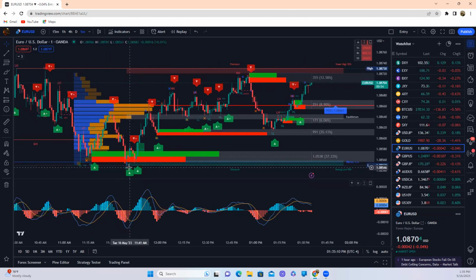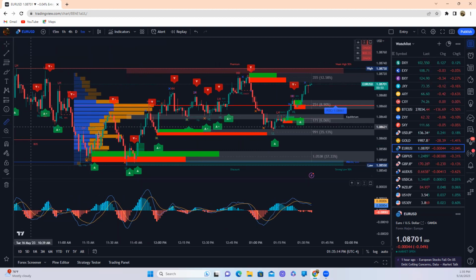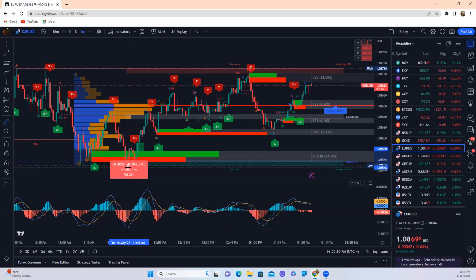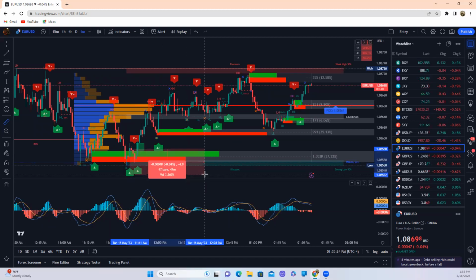You got this buy signal at 1141, and your potential stop loss would have been just below that lower low right there. So you're looking at less than a 5 pip stop loss.